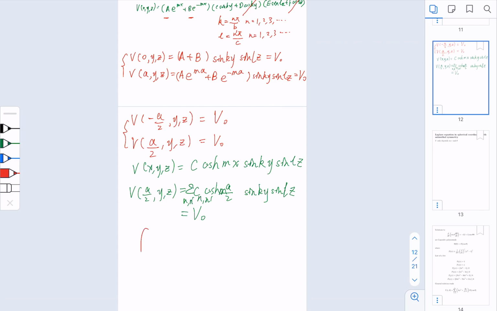So the thing we need to do is to integrate from 0 to b over dy, integrate 0 to c over dz, and multiply by sine k prime y. Sorry, this index might be a little bit messy.